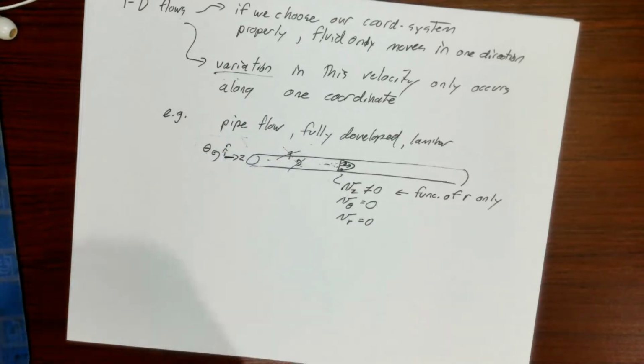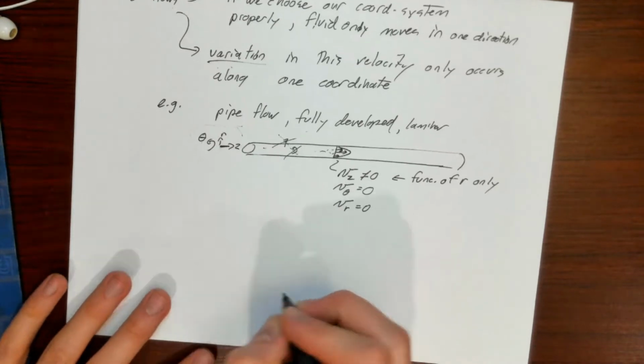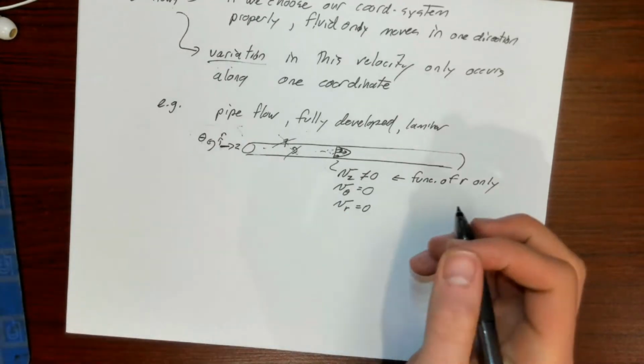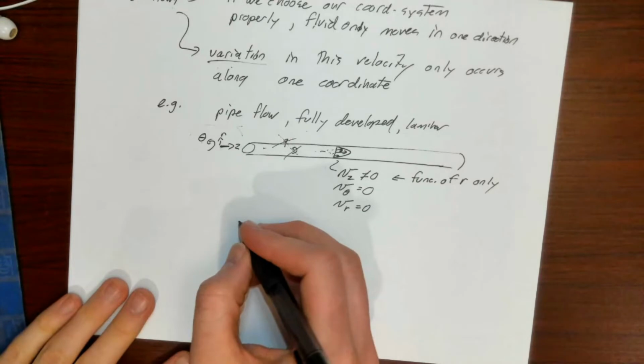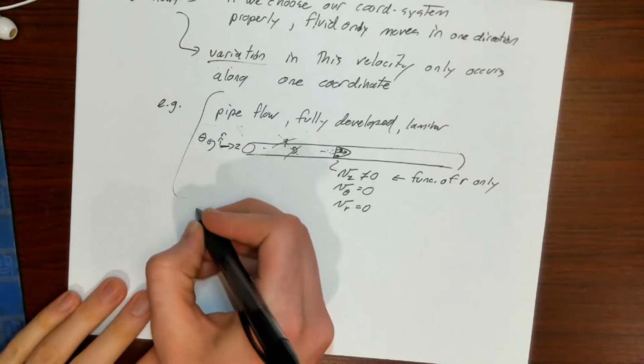Let's give another example of a one-dimensional flow. So this is one example. We have another example right here.